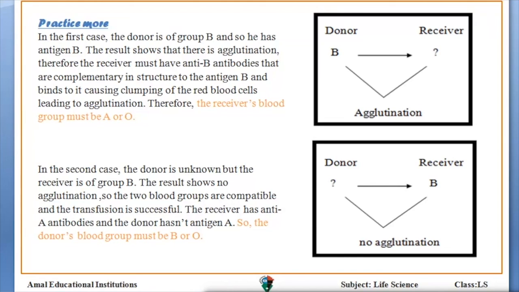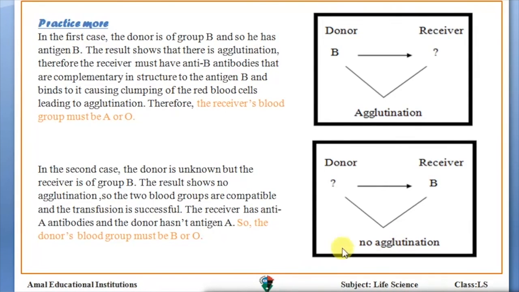In the second case, the donor is unknown, but the receiver is of group B. The receiver is of group B, so he has anti-A antibody. Now the result here is no agglutination.